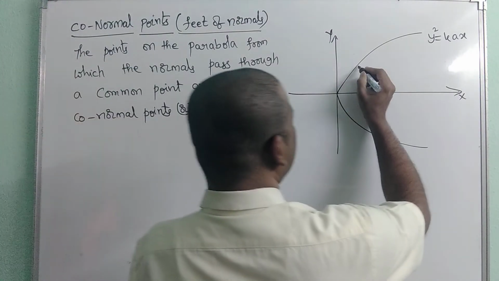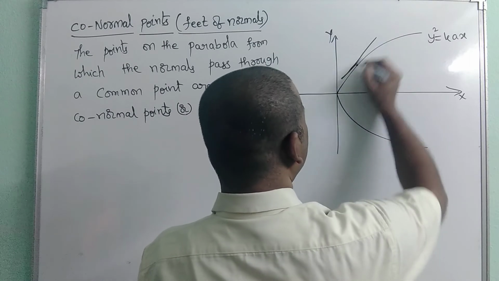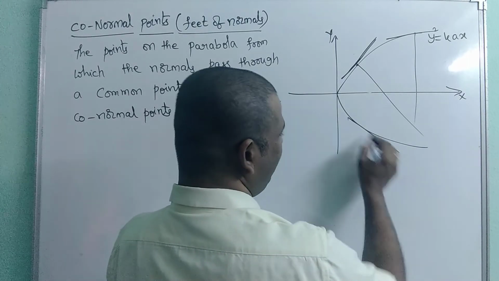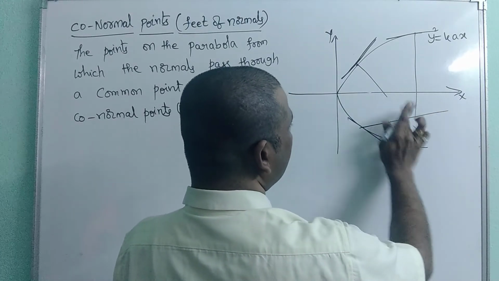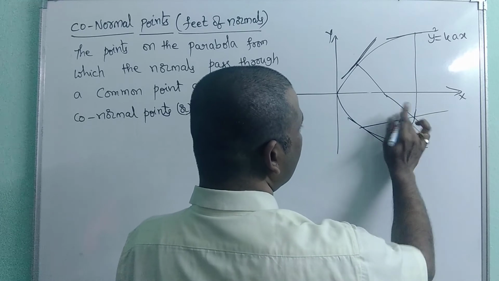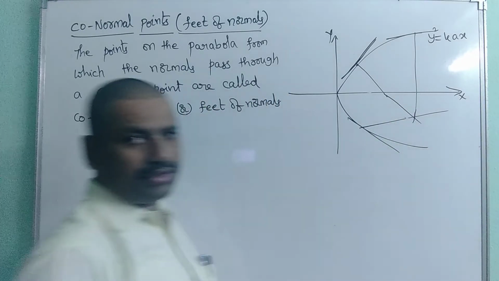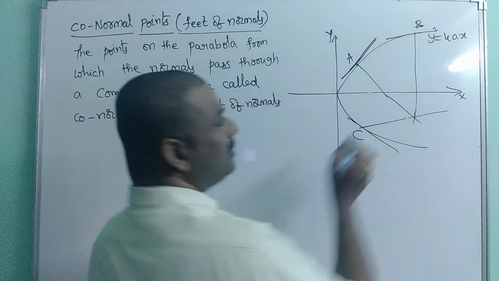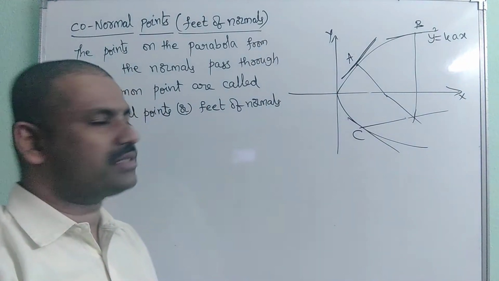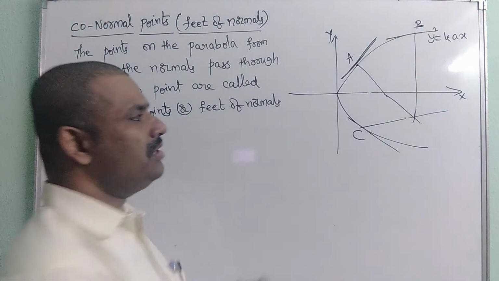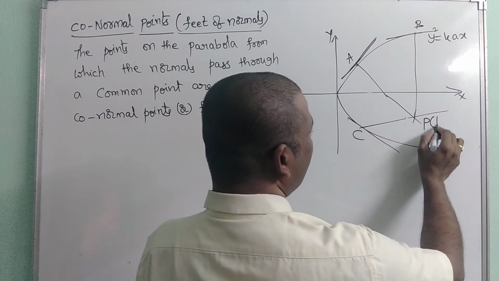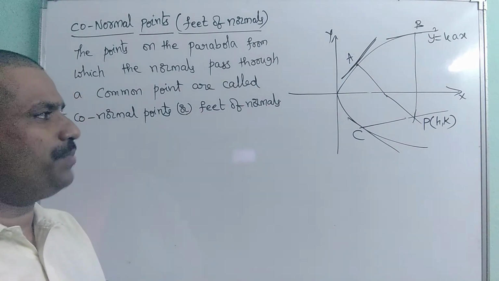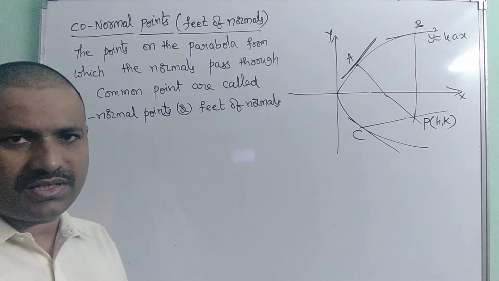Let us see. This is a point on the parabola, this is the tangent, and this is the normal. These all pass through a common point. This is the point A, B, C. The normals drawn from the points A, B, C pass through a common point, let it be some point h comma k.